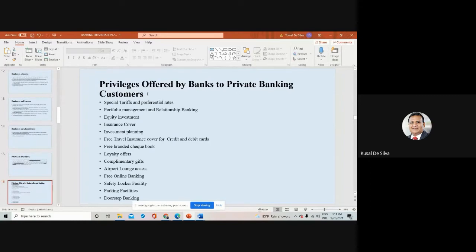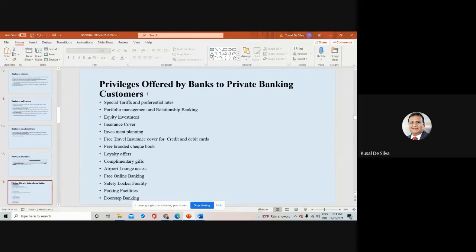Free branded checkbook, sometimes a free credit card, no annual fee, no joining fee, no annual fee for debit cards. Loyalty offers: each and every bank is now offering loyalty points. This segment gets more because they use the highest credit card.